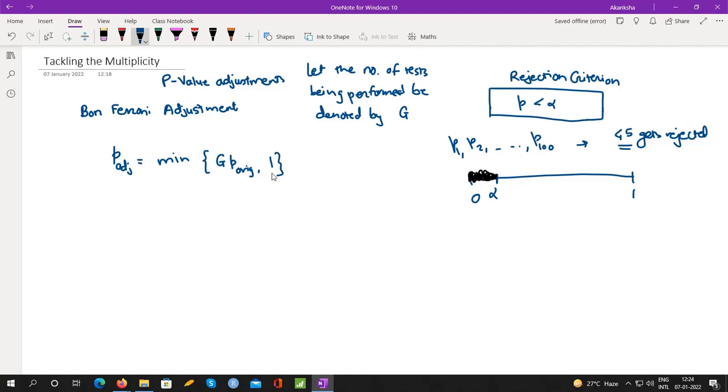So I am basically multiplying the p-value by G. Would it scale it up?